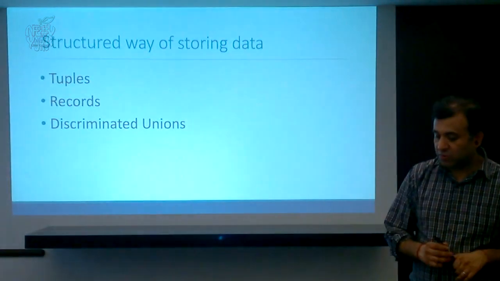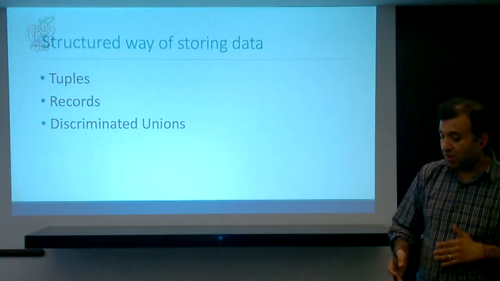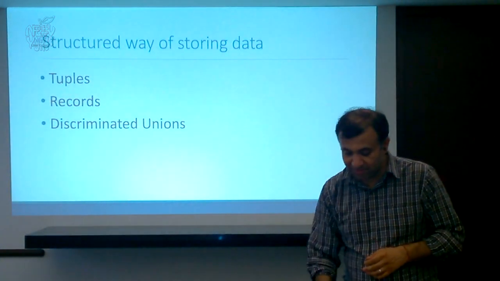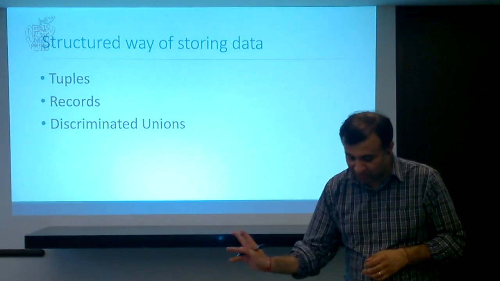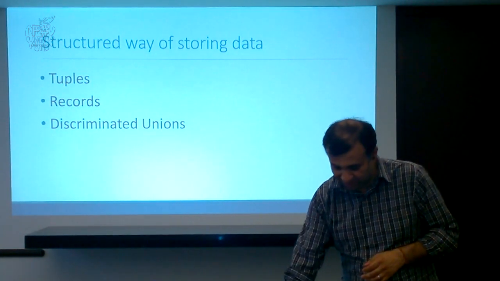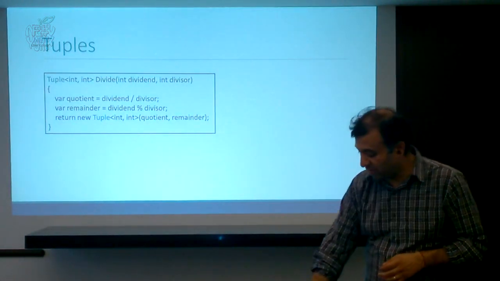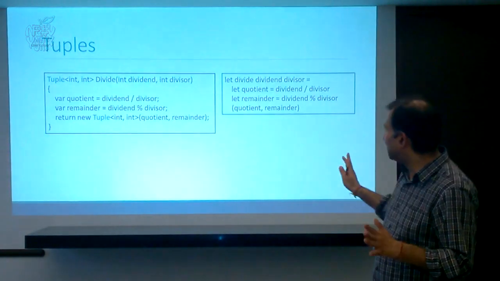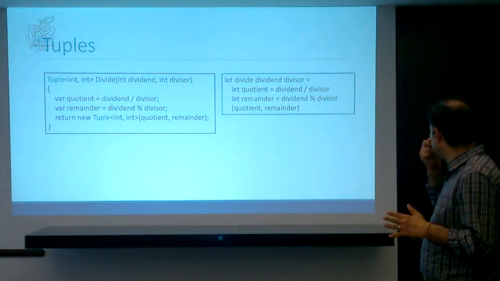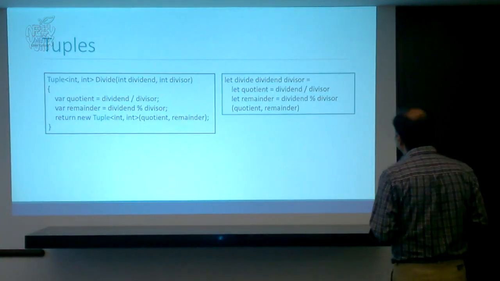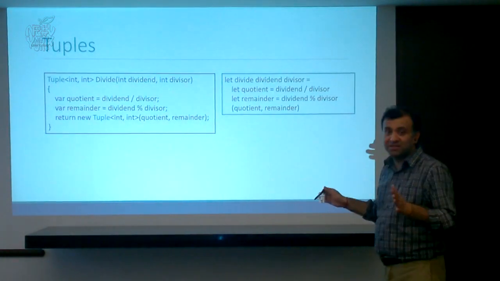You have a structured way of storing the data: you have tuples, records, and discriminated unions. Tuples and records are actually pretty similar. Discriminated unions I'll talk about a little more, but they have some interesting properties also. So again, this is C# code and you'll have the corresponding F# code. It's pretty simple what a tuple is. This is a tuple in F#: A, comma, B, comma, C, that's the syntax.